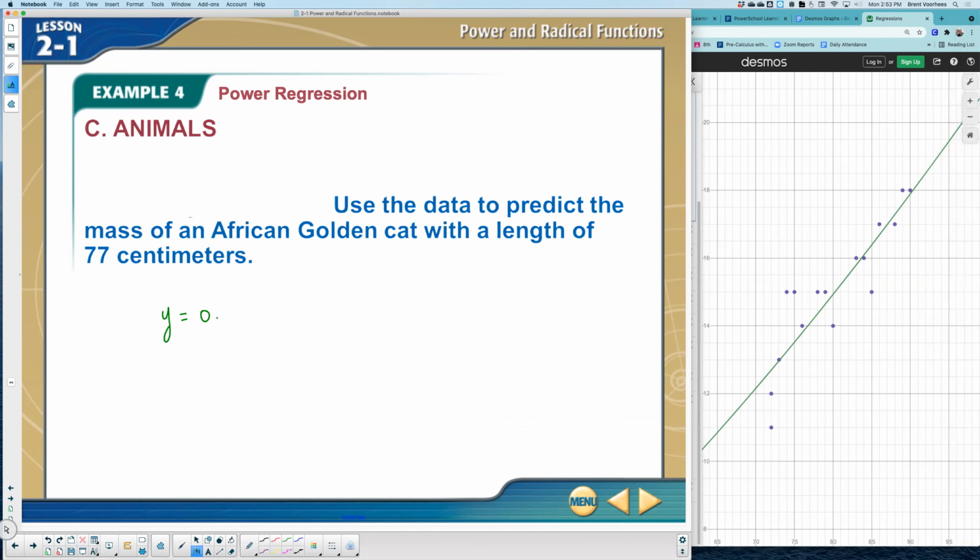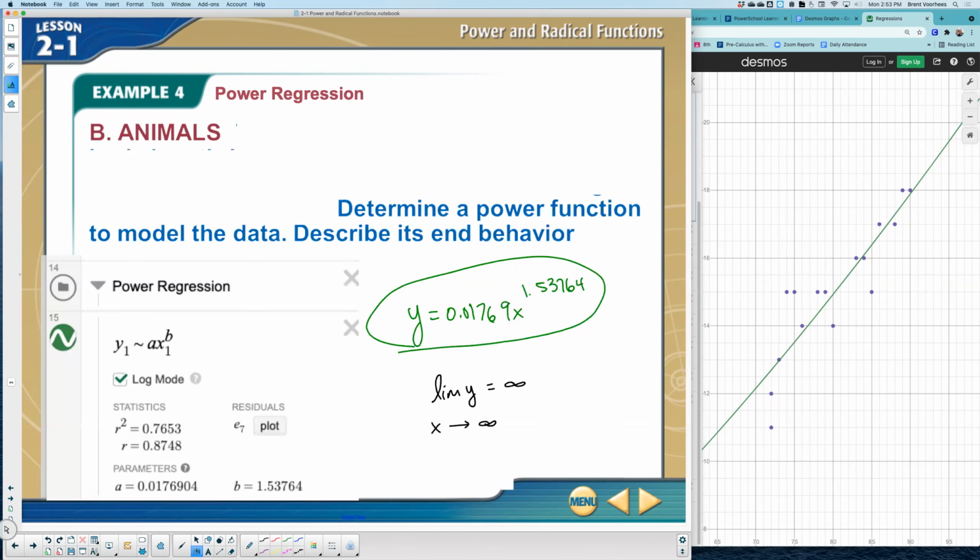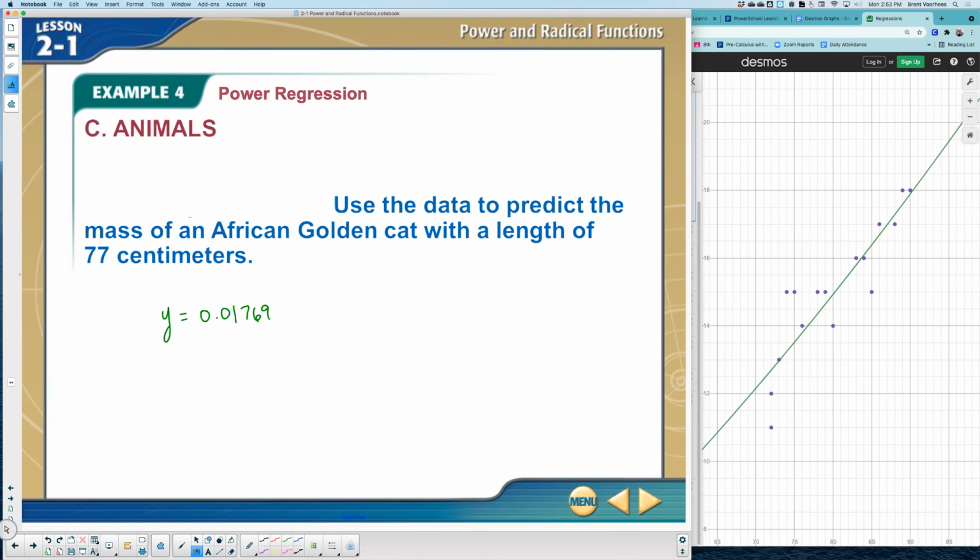I'm just going to use that equation we just came up with. That equation was 0.1769 x to the power of 1.53764. And what I'm going to do is plug in, since the length is 77, the length was the domain.